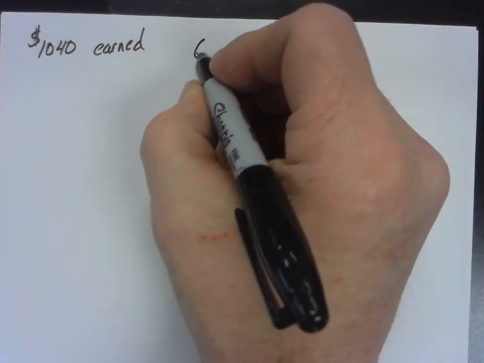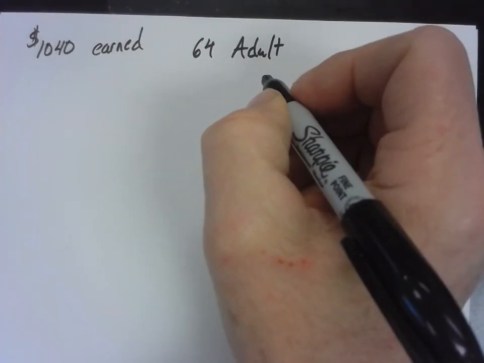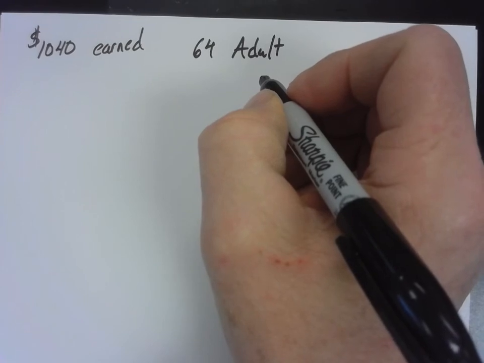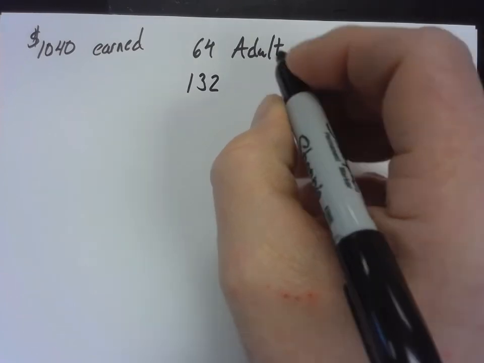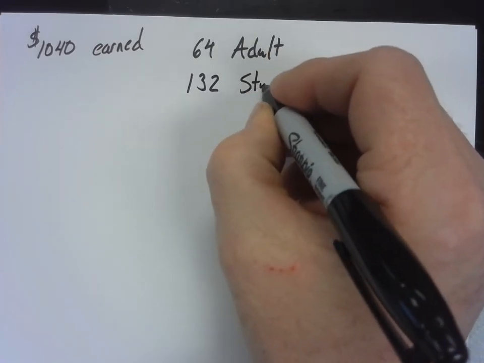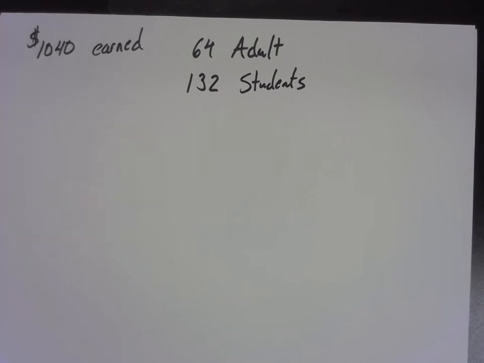A total of 64 adult tickets and 132 student tickets are sold. And an adult ticket costs twice as much as a student ticket.